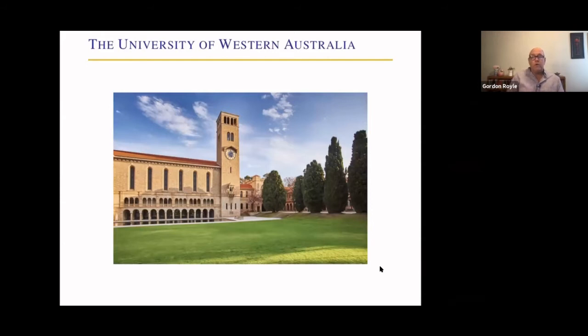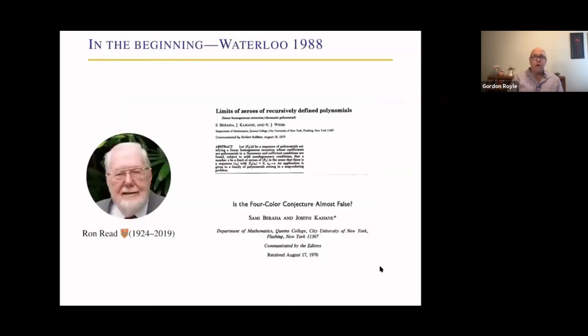So what I'm going to talk about today is the subject of real chromatic roots. And this is something that dates right back to my first time in Waterloo, when I arrived in 1988 as a postdoc with Ron Reed. And Ron Reed, who is an amazingly accomplished person, mathematically, musically, and in many other ways, gave me two papers to read, one of which is called Limits of Zeros of Recursively Defined Polynomials, and the other is called Is the Four-Color Conjecture Almost False?